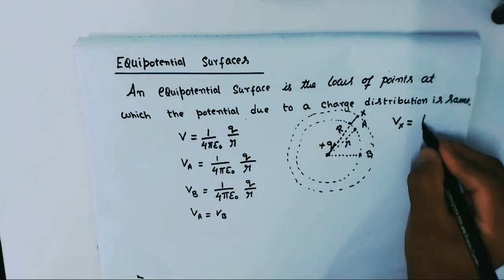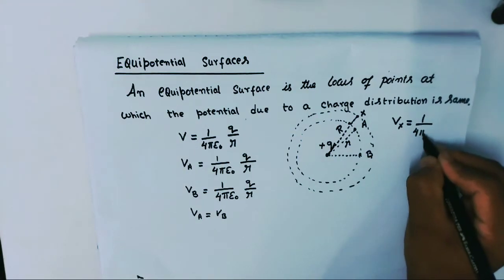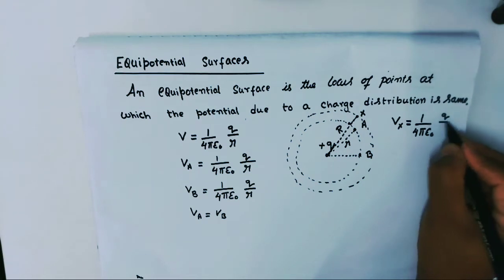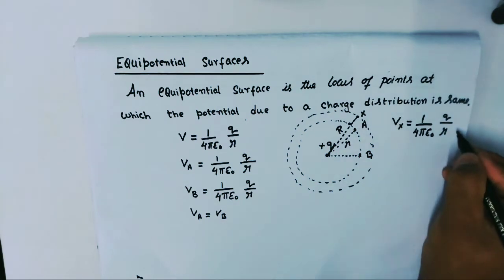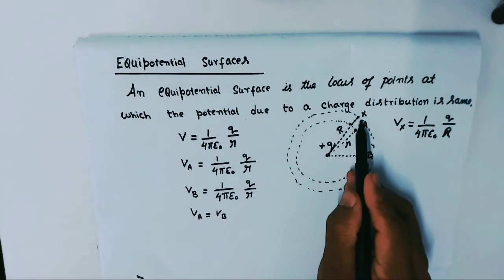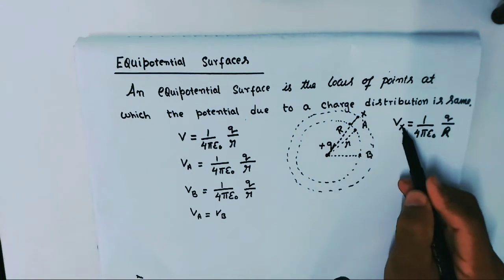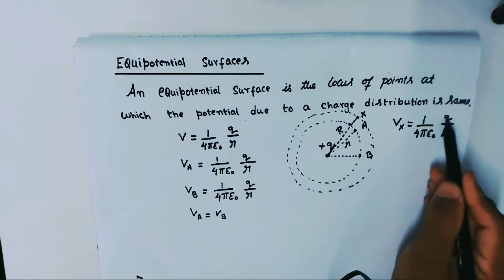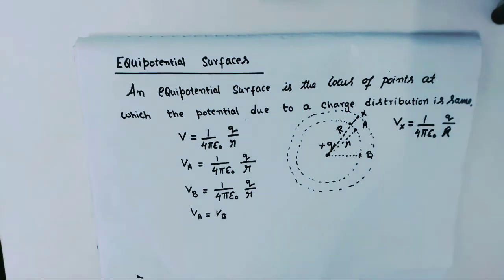So now this Vx is 1 by 4 pi epsilon naught then Q divided by capital R.